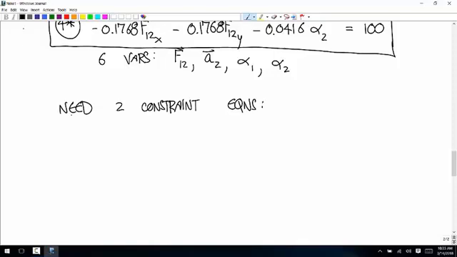And that's going to come from saying the acceleration at B, according to member 1, I don't really have a good notation for this, is equal to the acceleration at B, according to member 2.